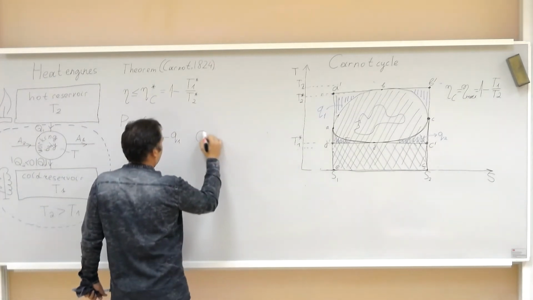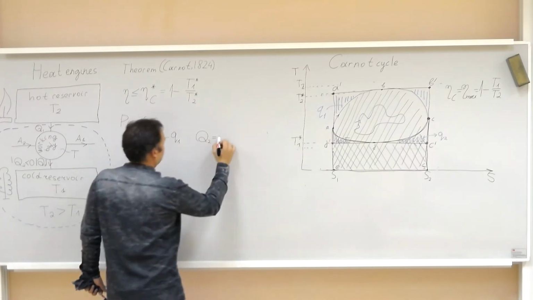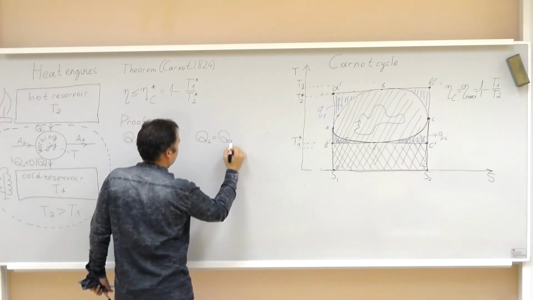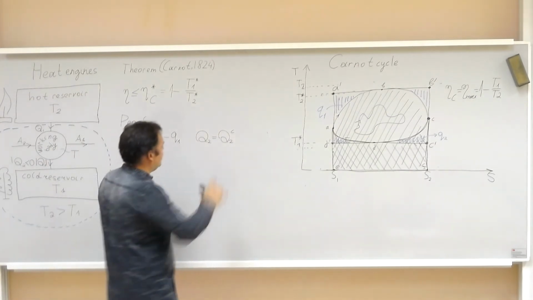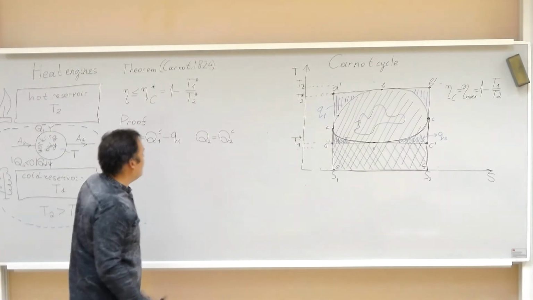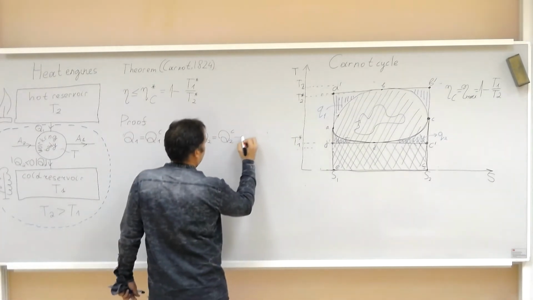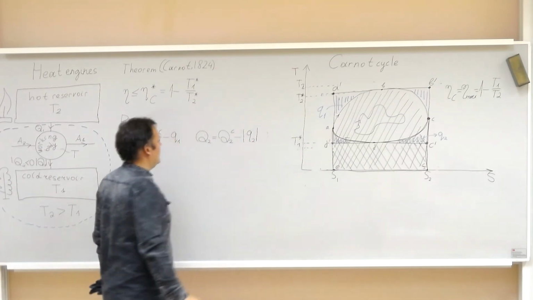And Q2 equals Q2 Carnot, and it gives out more energy, so here should be minus Q2.